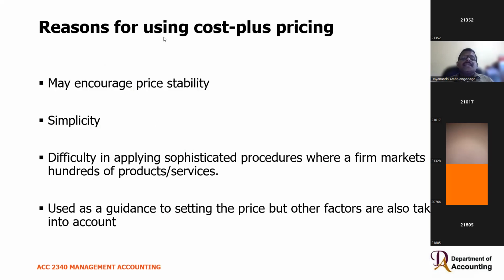I think the reason cost plus pricing is widely used is that it encourages price stability. It won't wane. There is always a logic for the price. There is a base for the pricing. Even though price may increase or decrease, there is a base for pricing.